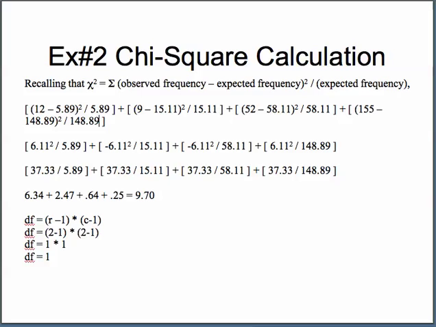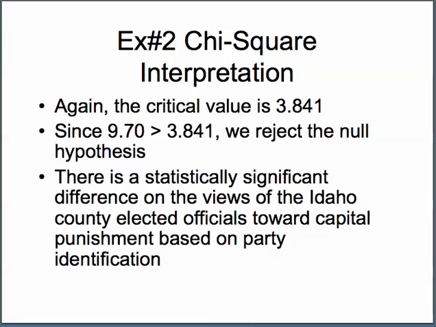So df equals 1. For df equals 1, the critical value of chi-square is 3.841, and we reject the null hypothesis of no significant difference between political party affiliation and support for capital punishment.